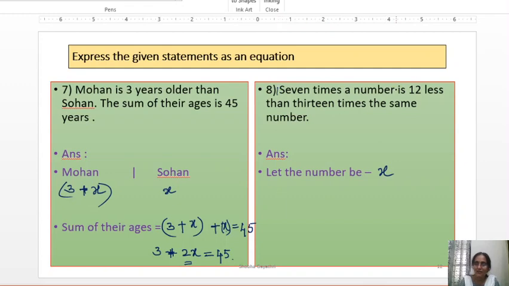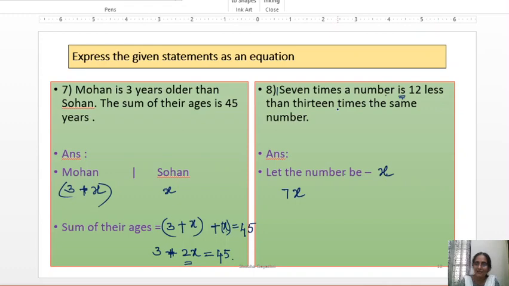We will write, see, there is an equal sign. The left side of the equal sign is given as 7 times a number. A number is x, so we write 7x on the left side of the equal sign. Now, it is 12 less than 13 times the same number.